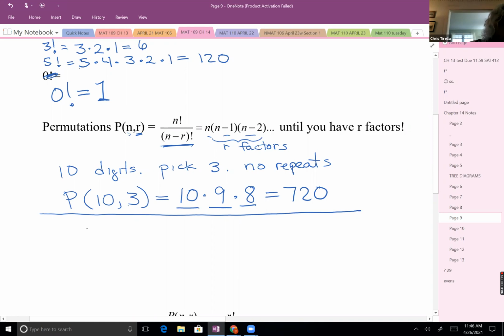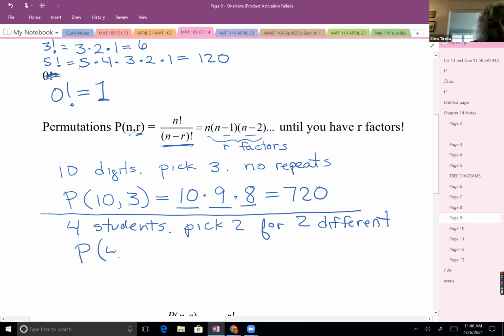Instead, where we had the 4 students, we wanted to pick 2 for 2 different problems. Well, that would be a permutation. There were 4. We were picking 2. Since we're picking 2, it means I have 2 slots to fill in. For the first one, I have 4 choices. For the second one, I have 3.